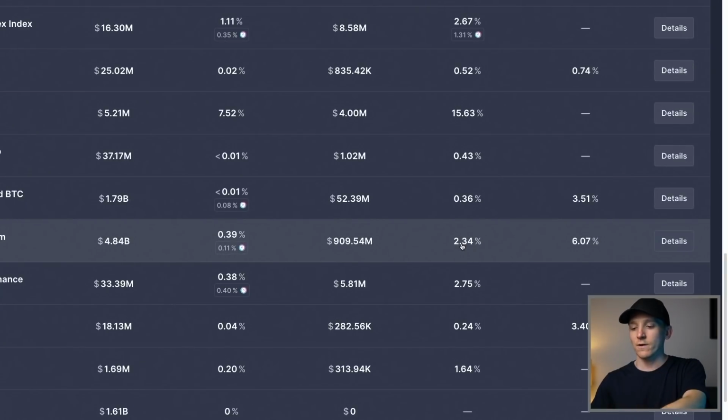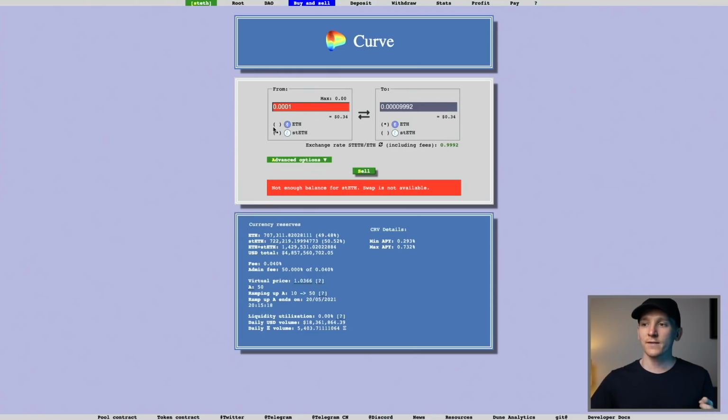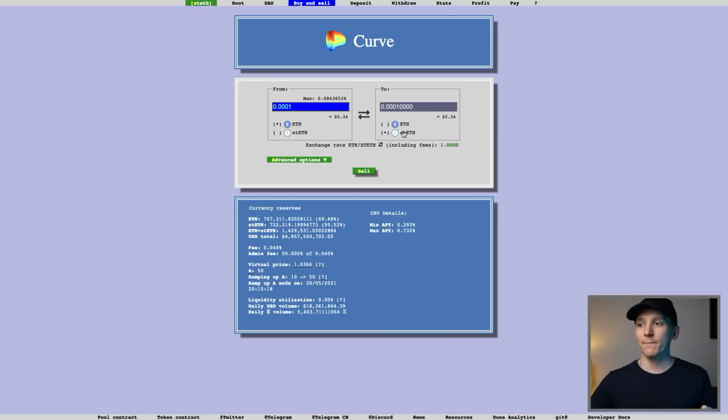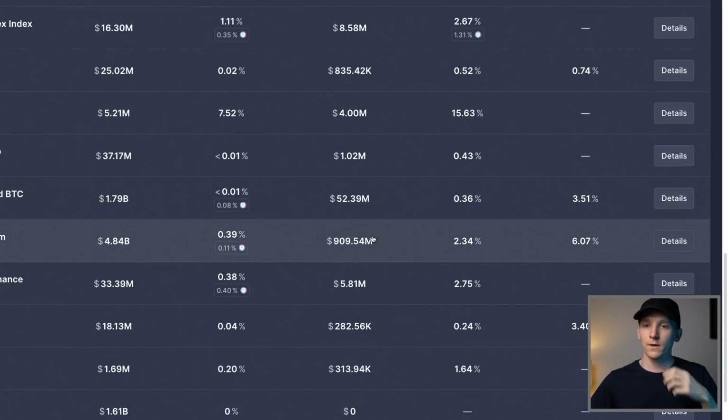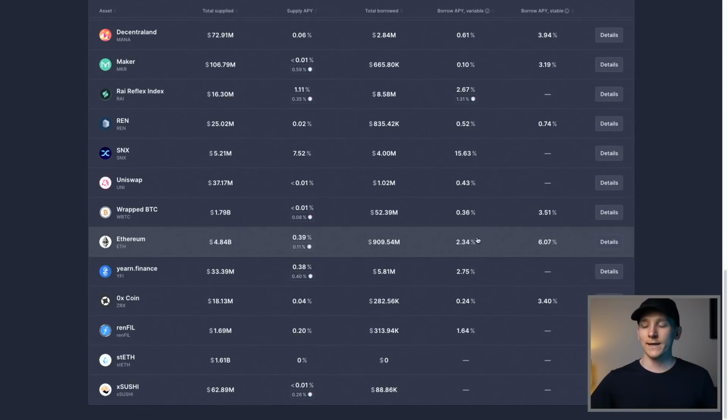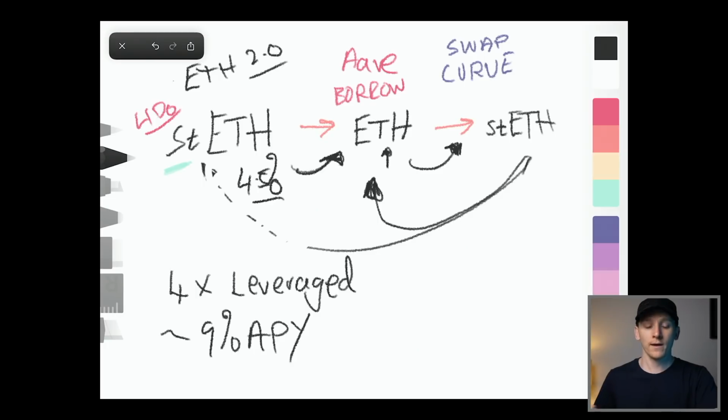And then you go over to Curve and you take that Ethereum and you sell it back into staked ETH. That staked ETH then goes back onto Aave as collateral to borrow even more ETH. So you're paying 2.34% to borrow as much ETH as you can. But here's the thing, Ethereum 2.0 is paying 4.5% or somewhere around that.